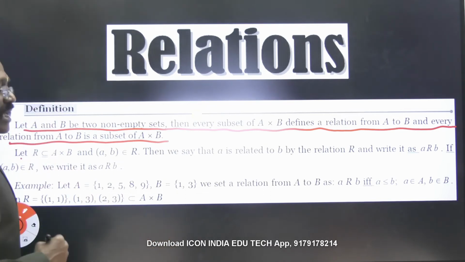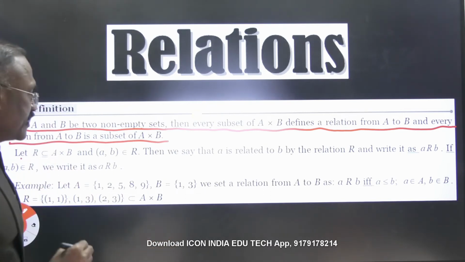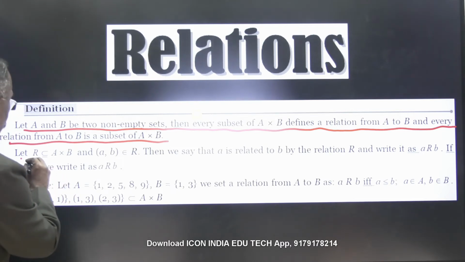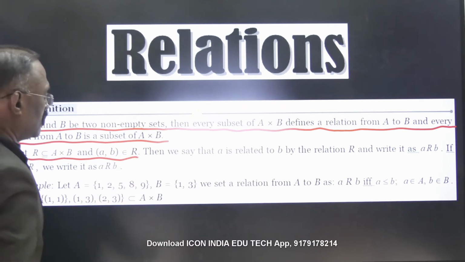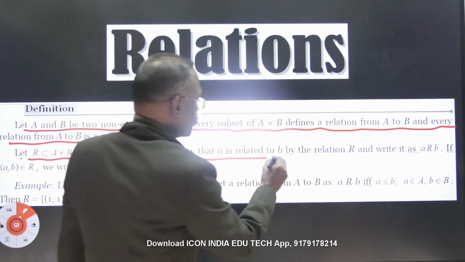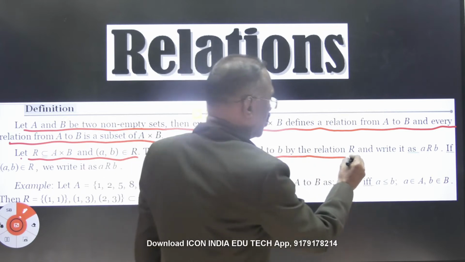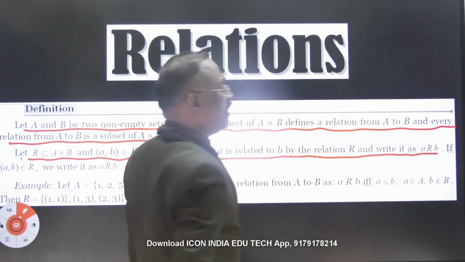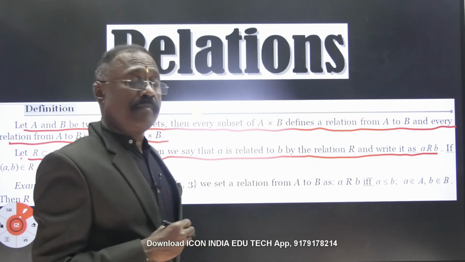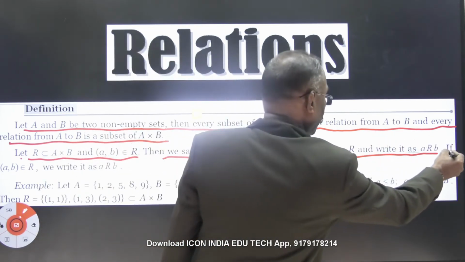Now, it is denoted like this. You must understand the notations. R is a subset of A cross B and (a, b) belongs to capital R. Then we say that a is related to b by the relation R and we write it as aRb. What is the meaning of aRb? a related to b.